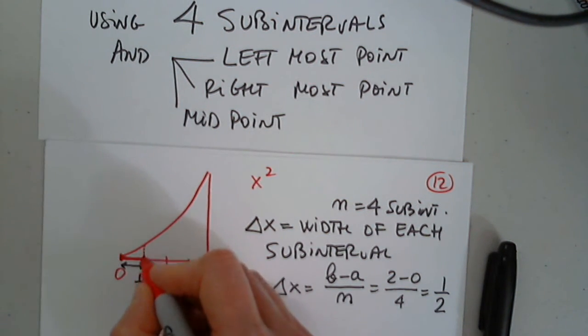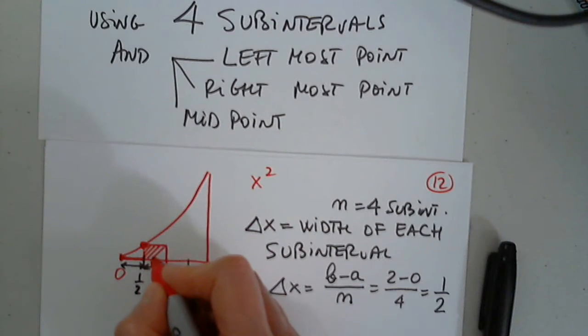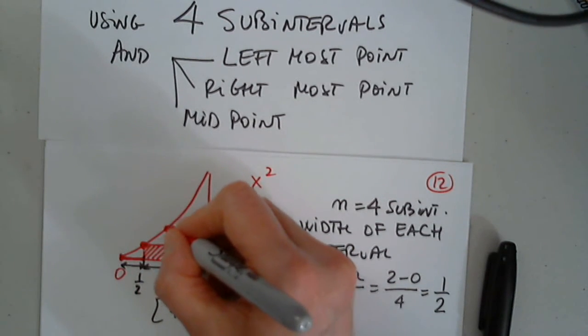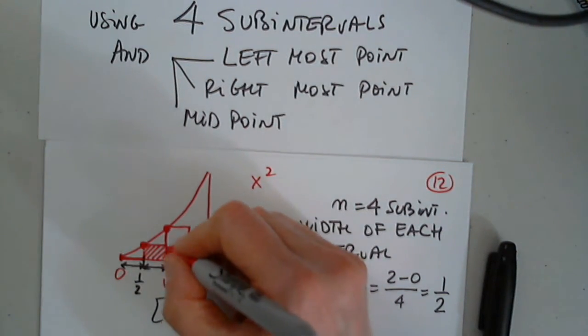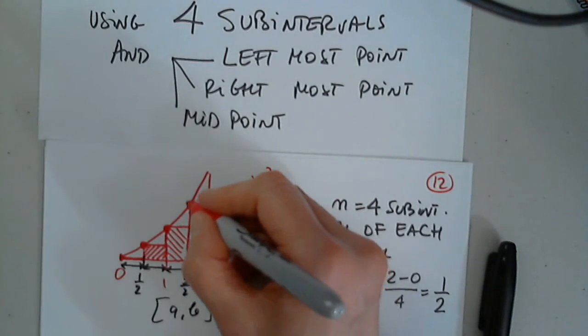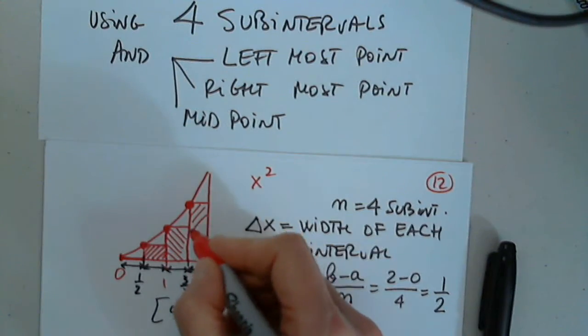The next subinterval will have the height at the leftmost point, and it will have this area. The next subinterval will have this height, and this area. And the last subinterval will have this height, and this area.